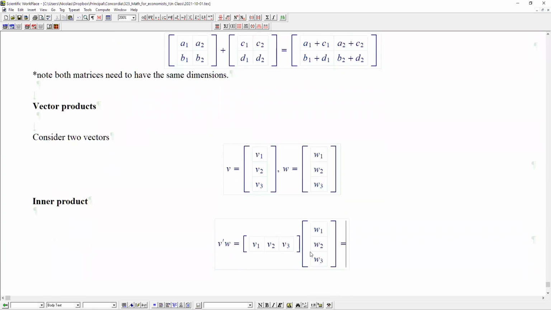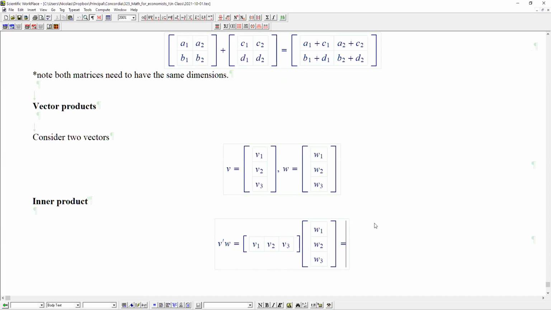And what do I get? I get the sum of each element by element multiplication. So I multiply the first element of V with the first element of W plus the second element of V times the second element of W plus the third element of V times the third element of W.